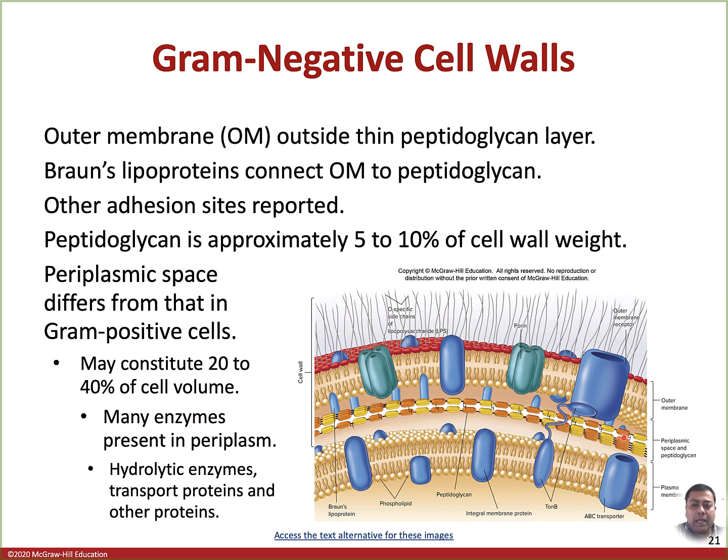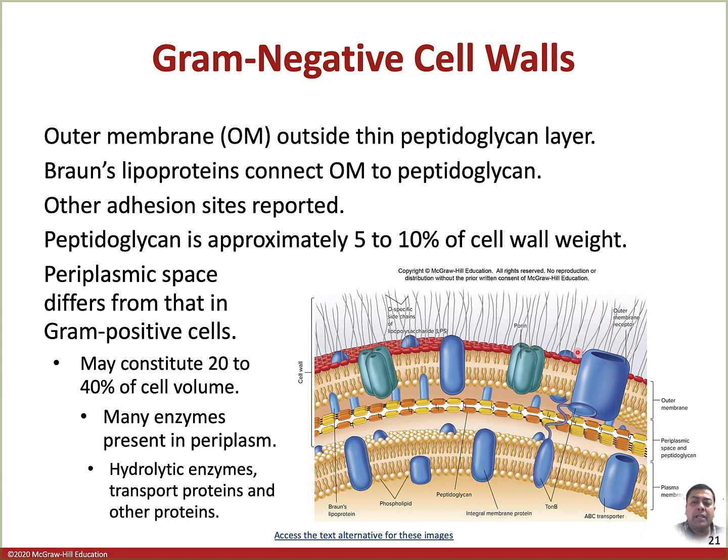A couple of slides back, we saw TonB, and these are other types of transport proteins. Let me show you how this works. There are some very large nutrients which cannot enter the cell through the porin proteins, because they are larger than 600-700 daltons.